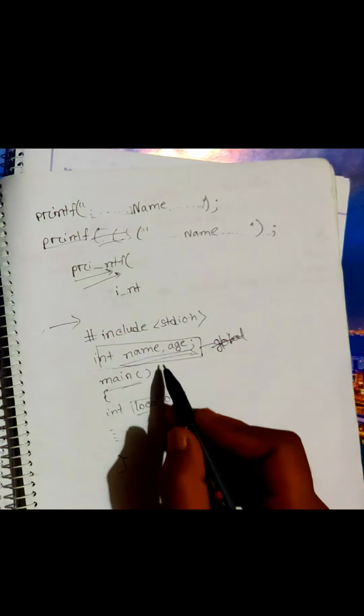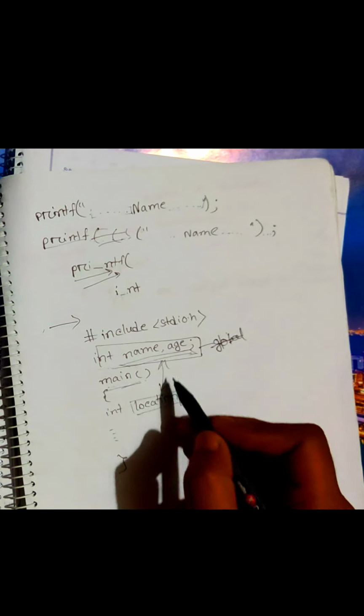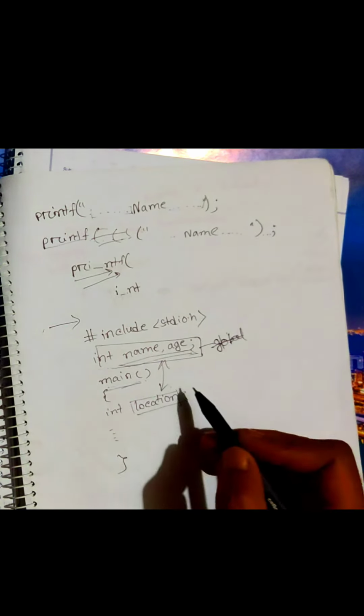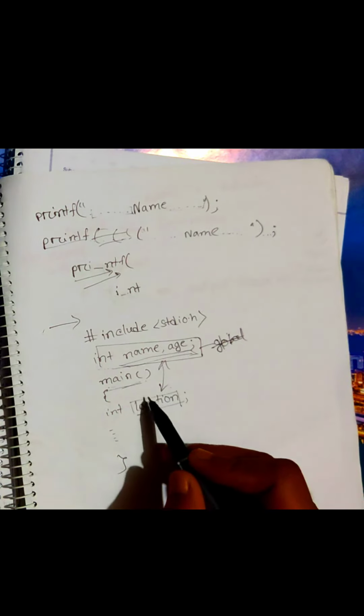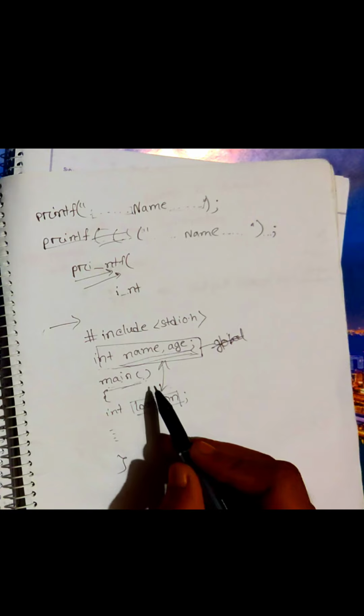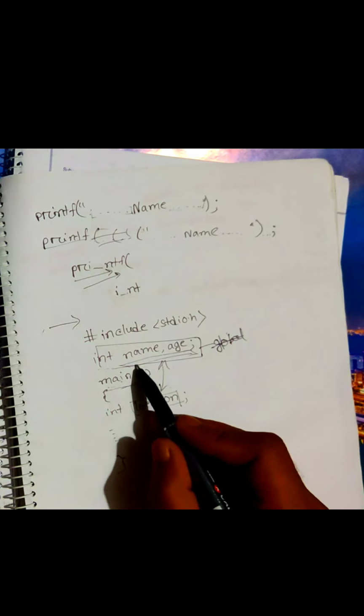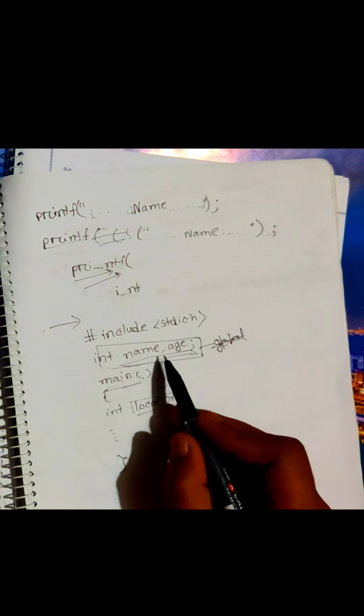These two are the perfect example of global and local variables. You must remember the variable written inside the main block is a local variable and the one outside of the main block is a global variable.